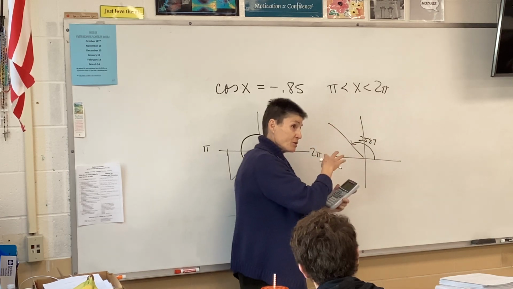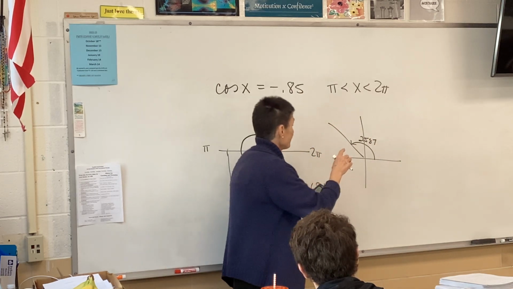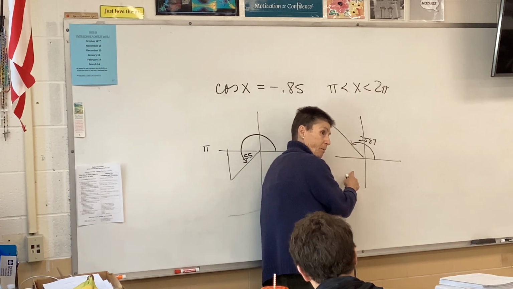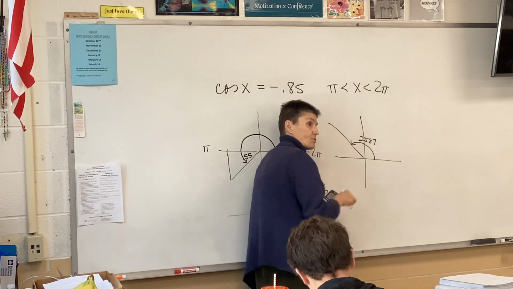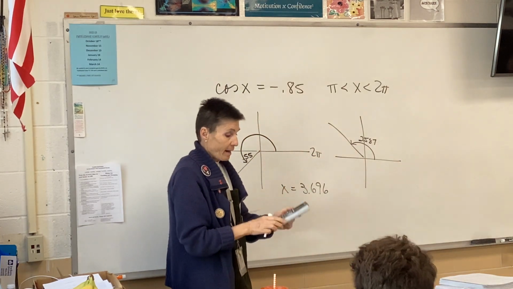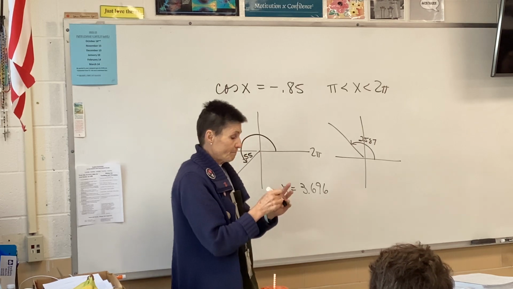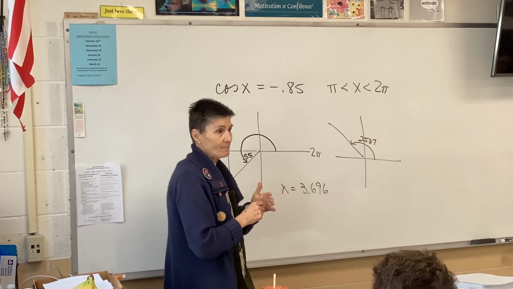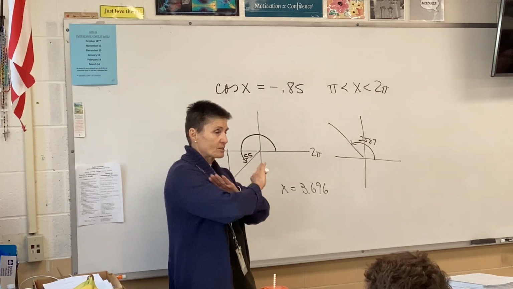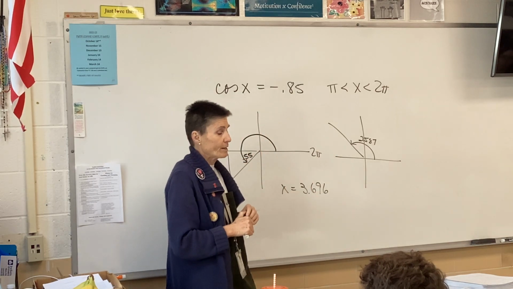Now, if that's how you started, that's okay, but then you'd have to figure out what this is and then add it to pi to get your answer. So I think it's just easier not to mess with the negative. I never mess with the negative. With tangent and sine, it really isn't an issue, but cosine it is every time, so I just don't do it. Thank you. Great question.